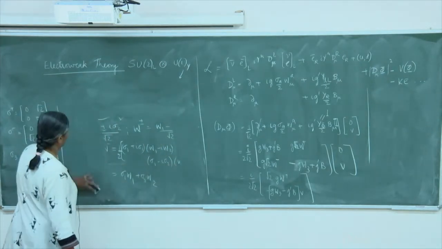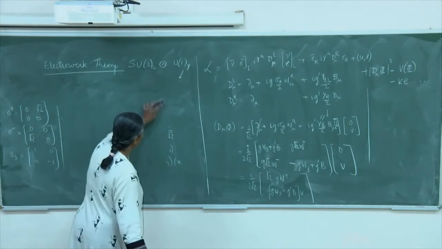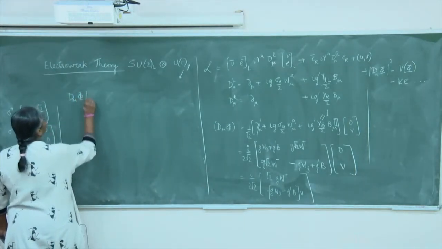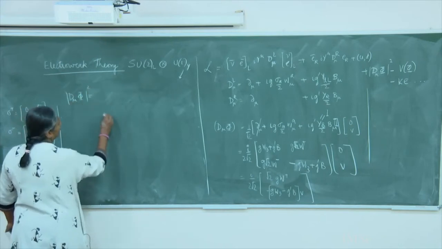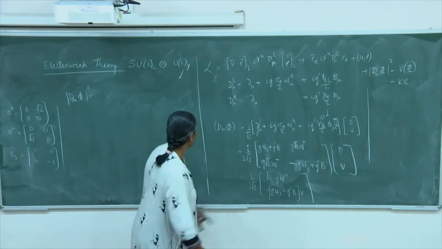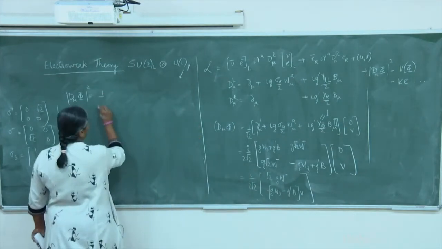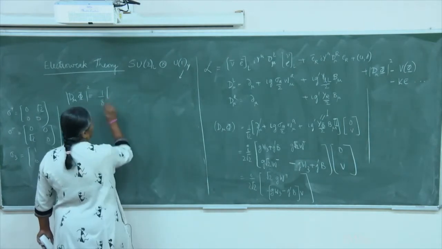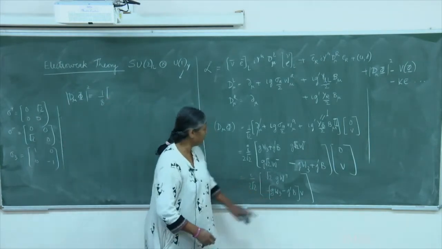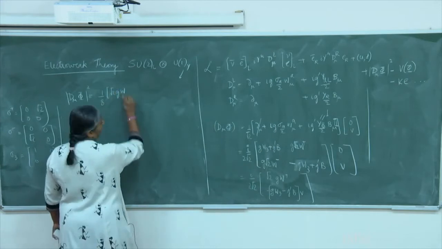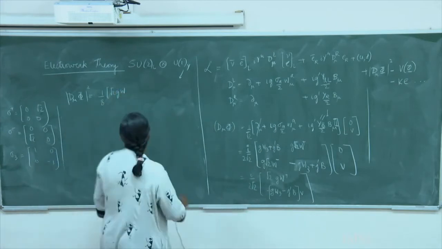So what I want to do is, I want to find d mu phi dagger, d mu phi, right? So that I and minus I will go away. So I will get 1 by 2, 2s are 4 into 2 is 8. Then the transpose of this, they are all real, right? So root 2 G W. So I have to do d mu phi dagger, right?